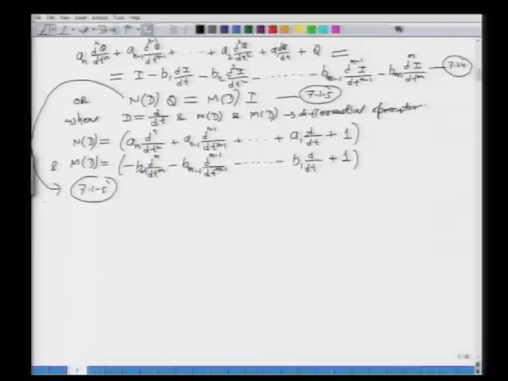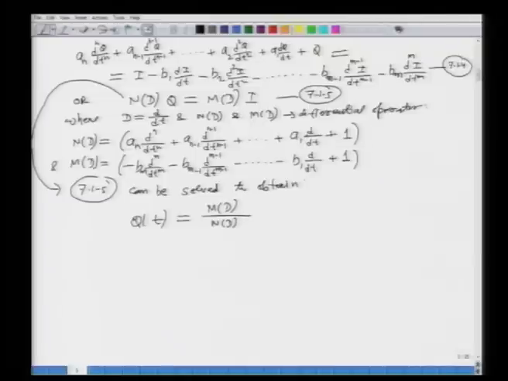With this, 7.1.5, which is this equation, can be solved or written to obtain Q as a function of time. From this equation, Q will be nothing but this differential operator M(D) over N(D), whatever that form is.